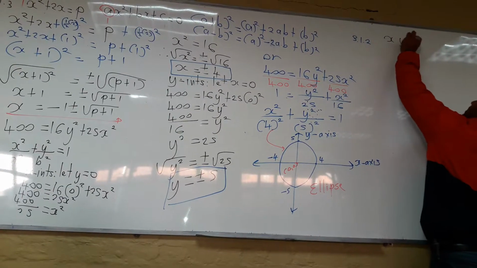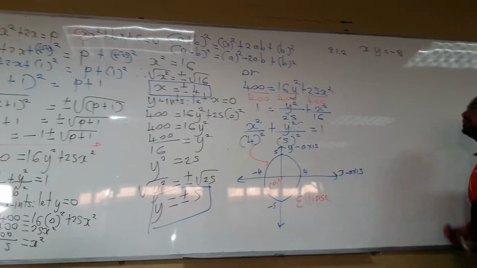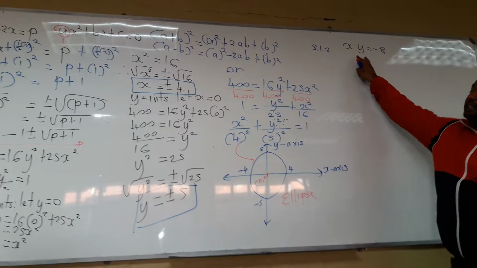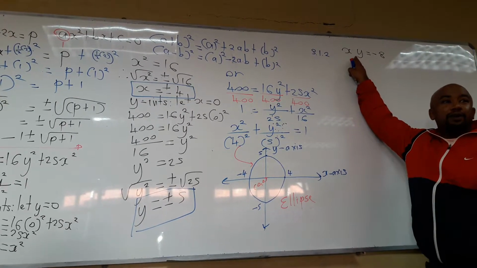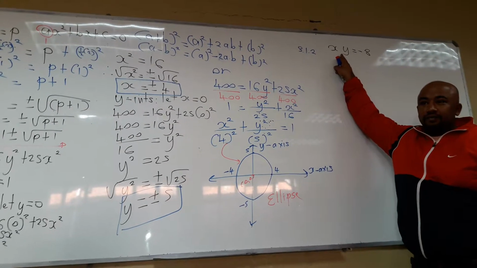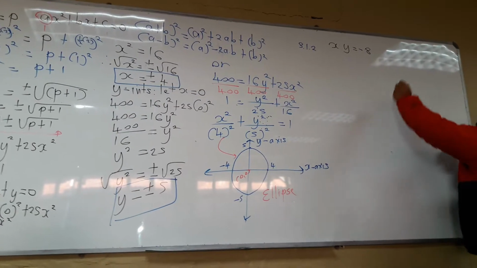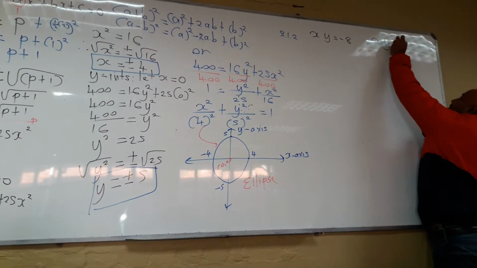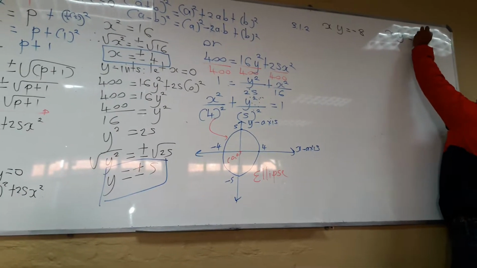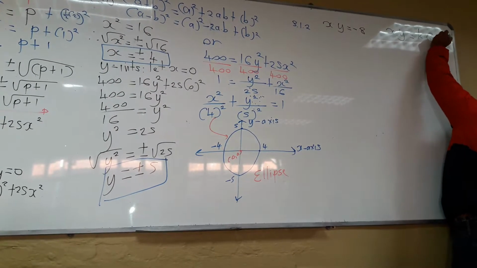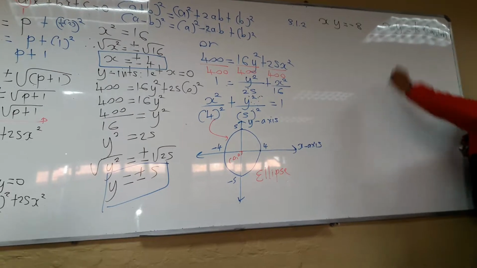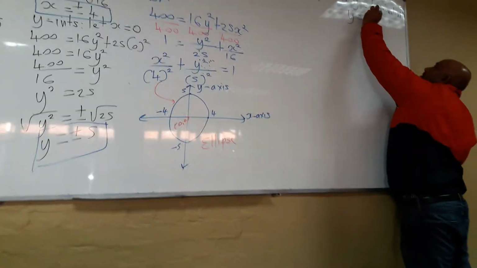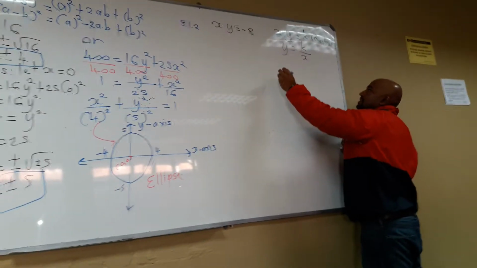xy is equal to negative 8. So here we got x multiplied by y. Okay. So when you have x multiplied by y is equal to a constant here, k, which is a constant, you could write it as y is equal to k over x.